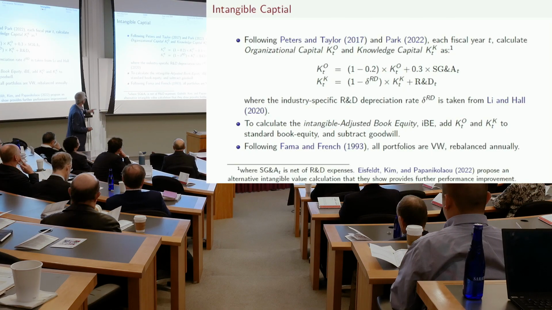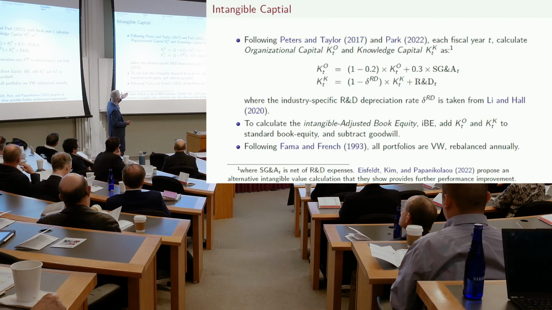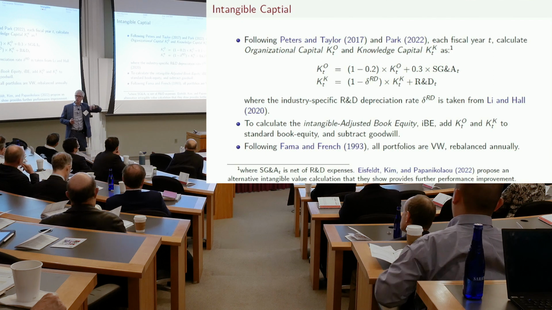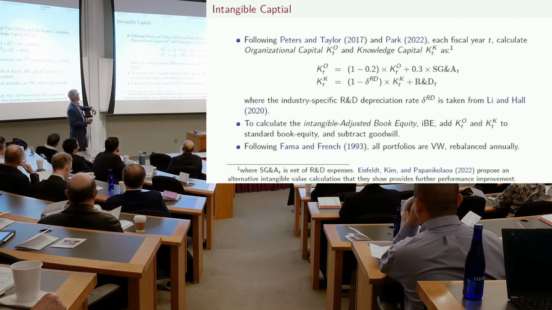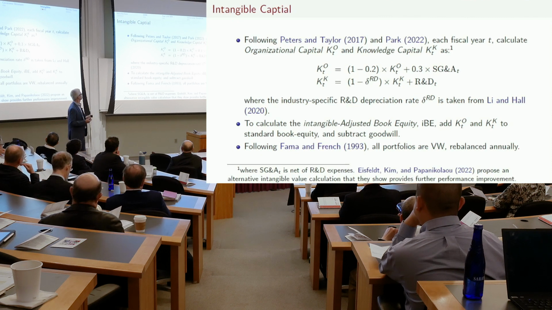There's been some work to incorporate this into measures of book to market. So let's adjust book value for organizational capital and knowledge capital that is embedded in firms, then remeasure book to market, and better explain the discount rates and the prices of firms.